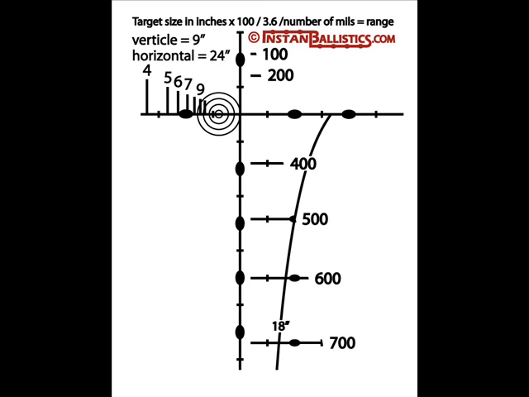And by dropping the previous target onto your chart, we see that now across the horizontal line, this target ends up right between the 800 and 900 yard mark on your chart. So this target is about 850 yards away. This is a 24-inch target, and we're measuring across the horizontal now.